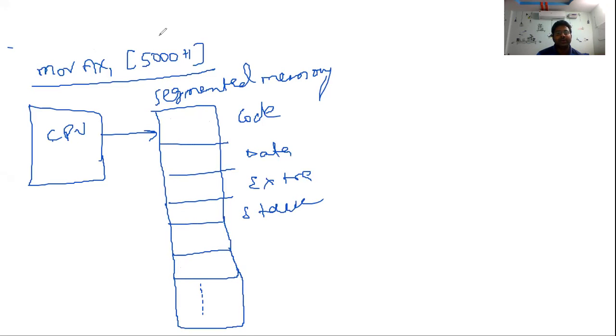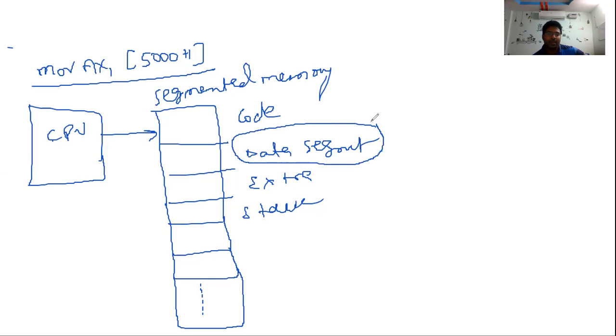By default, for this operation the data segment is considered. So what is our address?